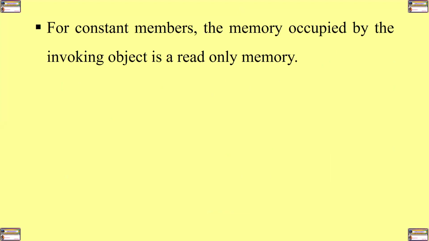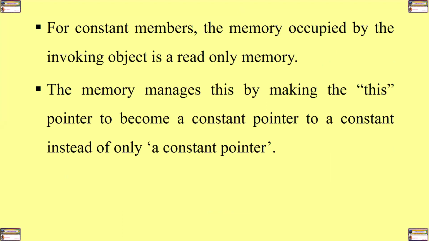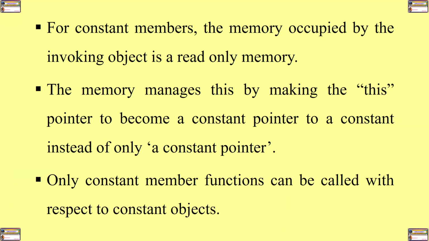For constant members, the memory occupied by the invoking object is read-only memory. I repeat, for constant members, the memory occupied by the invoking object is read-only memory. The compiler manages this by making the this pointer a constant pointer to a constant, instead of only a constant pointer.